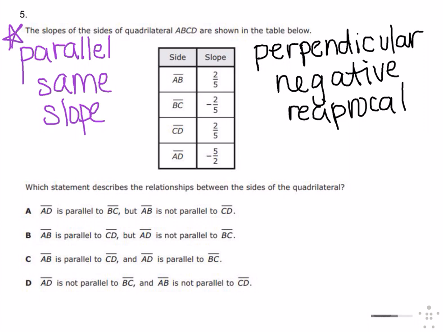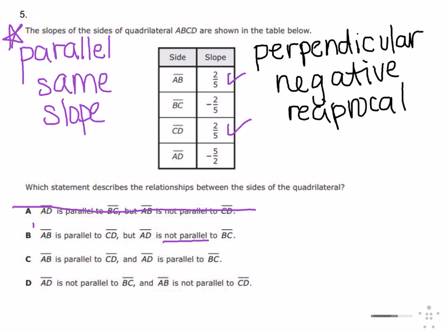You might have already figured it out by now. It says AD is parallel to BC. Well, if they were parallel to each other, then they would have the same slope, and they don't. So A doesn't work. AB is parallel to CD. That's true because they have the same slope. And then it says, but AD is not parallel to BC.